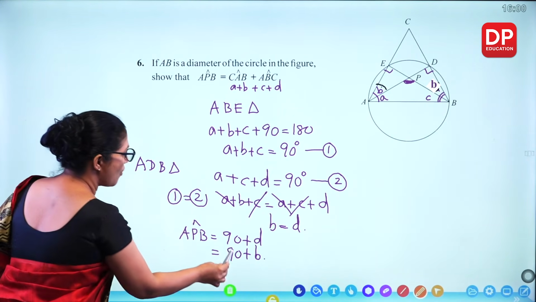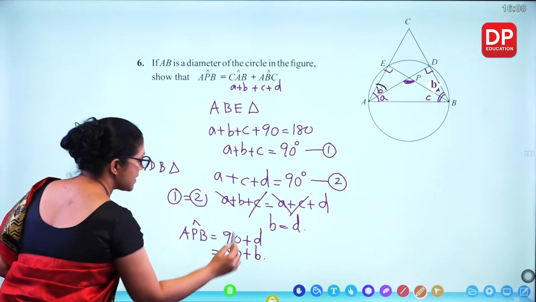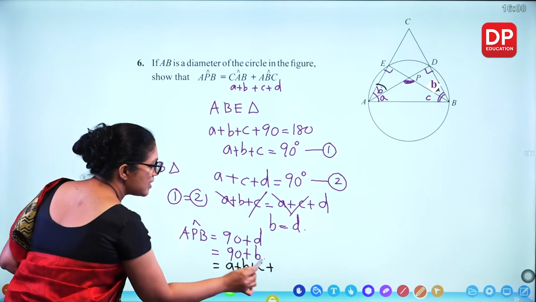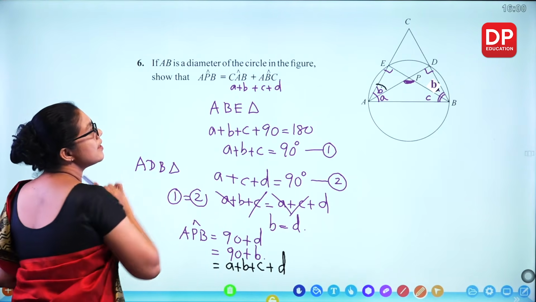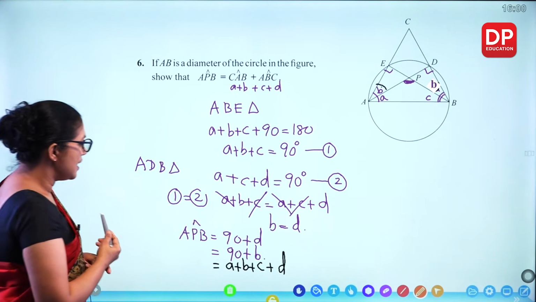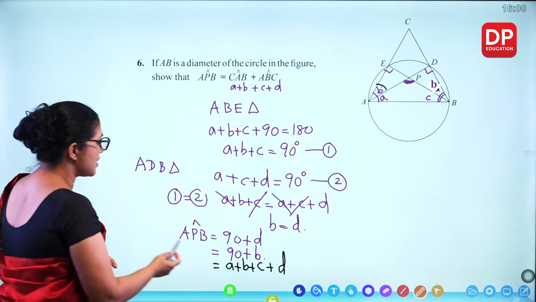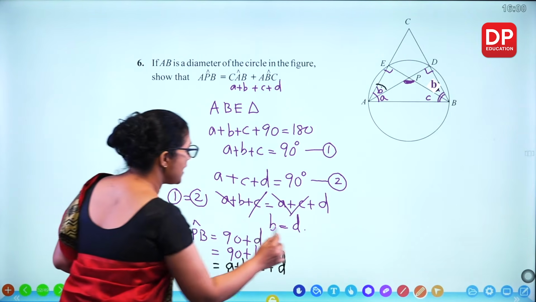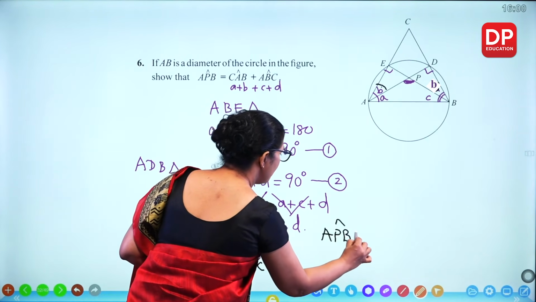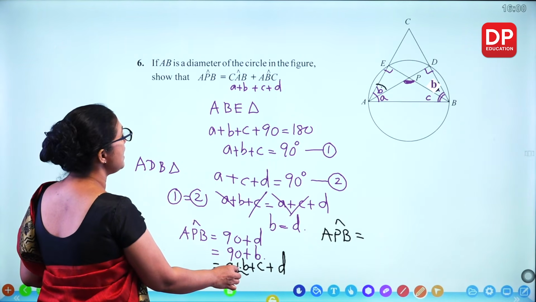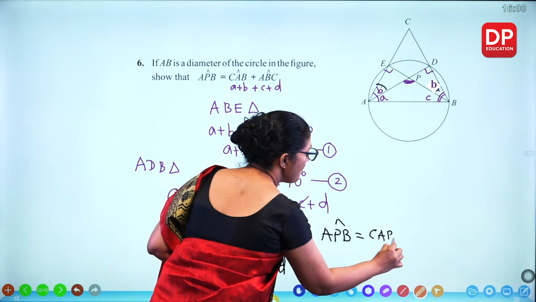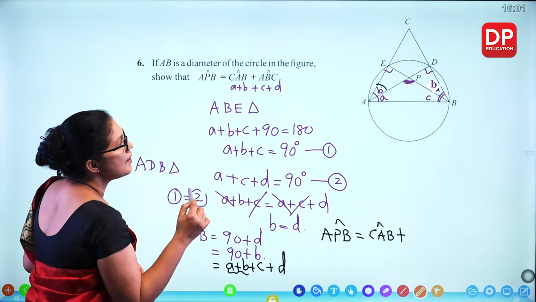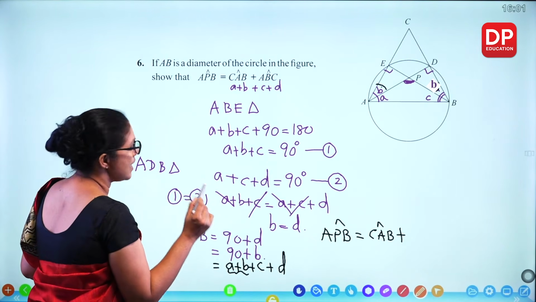Now, how can I write 90? 90 is A plus B plus C, and I'll take D here because according to the previous one it's A, B, C, D. So instead of A plus B, I can write CAB, and C plus D, which is the ABC angle.